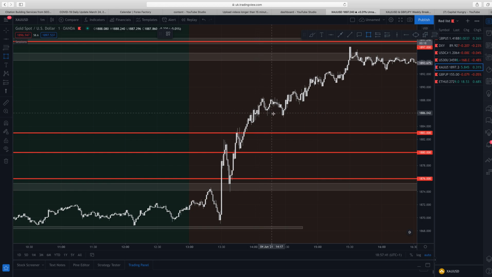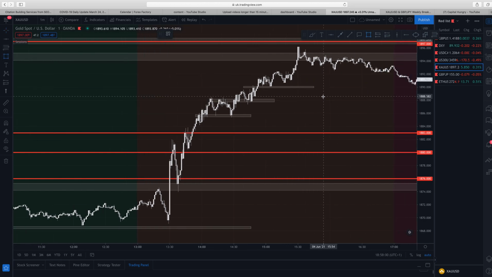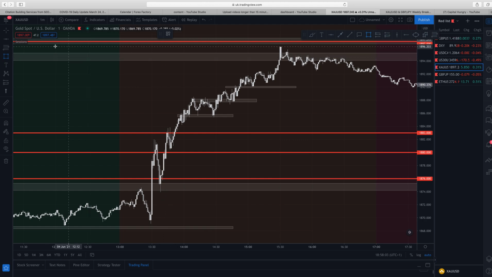You can see here respected market structure, here, here. It's just pushing, chopping away up to the key level, and once you get near, this is probably where you take profit really, because you're very close to the next key level anyway.